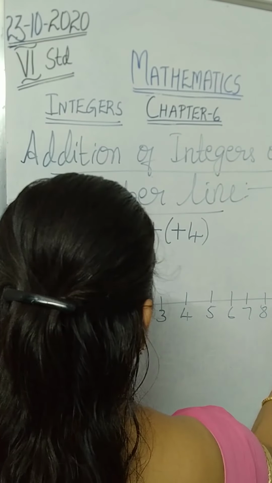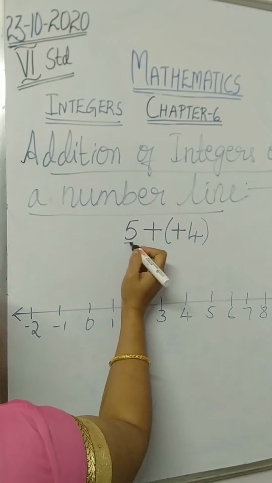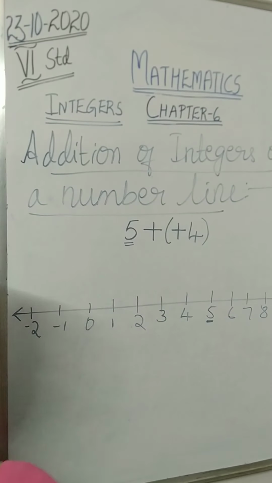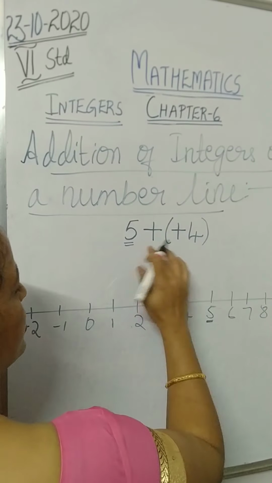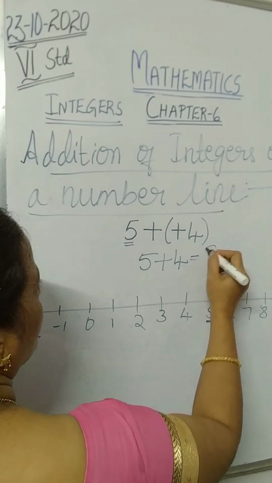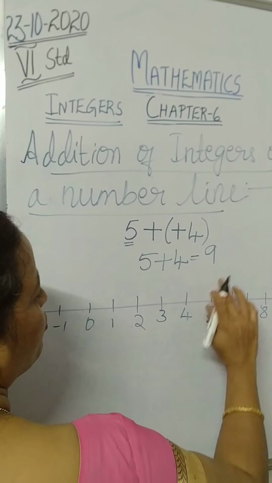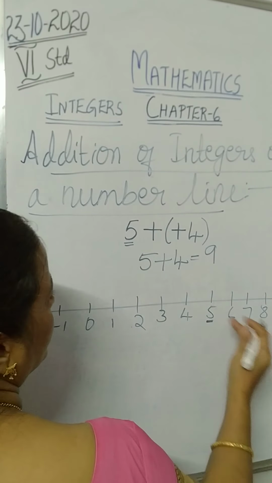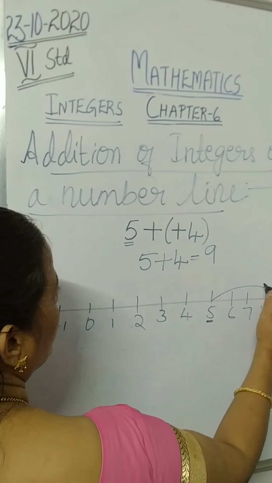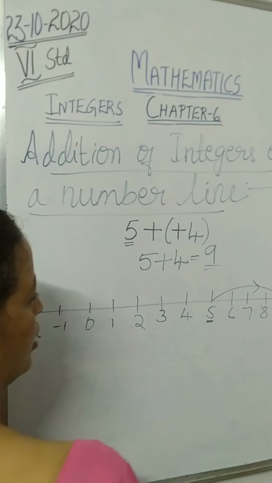Okay. So, let us move first to 5. Where is 5 here? Here it is 5. Because it is plus and plus here, we can write it as 5 plus 4. 5 plus 4, of course, you know it is 9. So, from 5, if you go 4 steps forward, that is to the right side, 1, 2, 3, 4, you have reached here. It is 9. What we have got here.